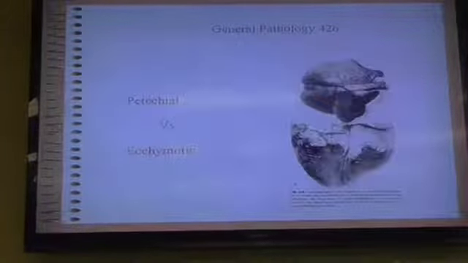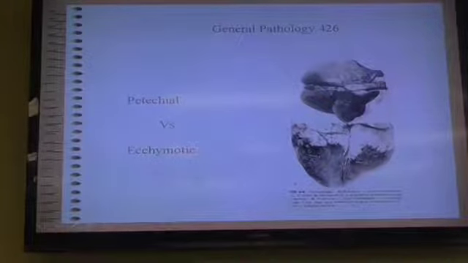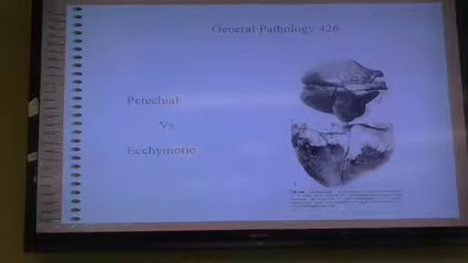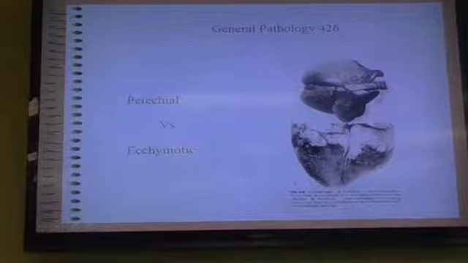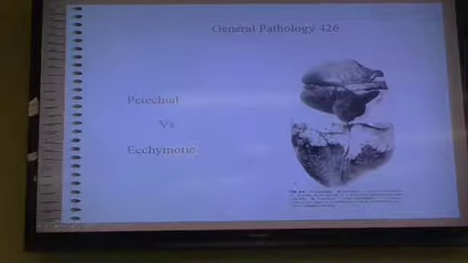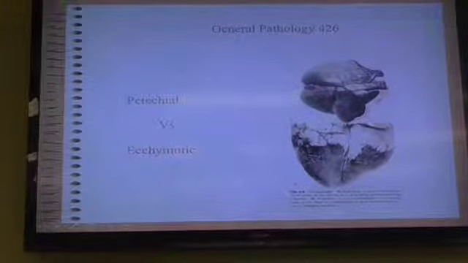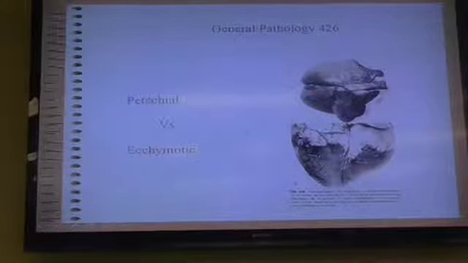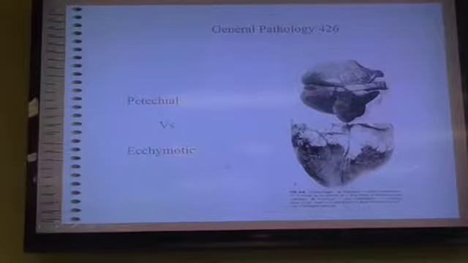You can read those. Now, how do we classify hemorrhage? We classify it based on its size. The smallest one is called petechia, and that's the pinpoint type of hemorrhage. This is the best picture I could get to show both of them in the same thing: a pinpoint one, and the larger one, which is an ecchymosis.